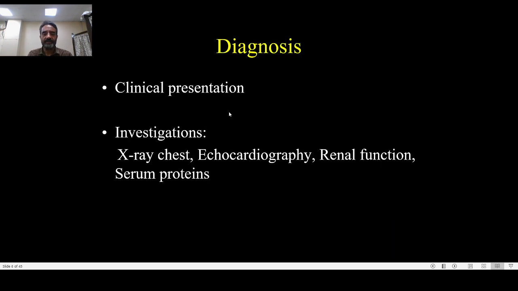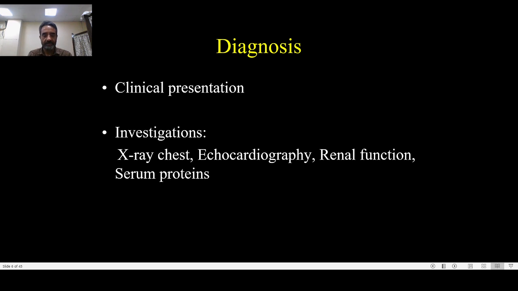So this typical clinical presentation could be sufficient for the diagnosis. Edema feet, which is a pitting type of edema, we'll show this in the next slide. Then breathlessness, palpitation, fatigability.